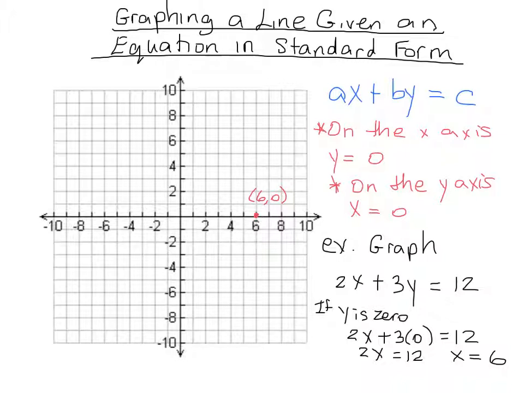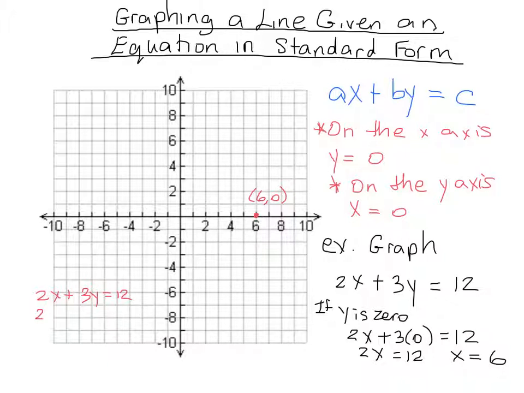So now instead of y being 0, we're going to make x equal to 0. Our original function was 2x plus 3y is equal to 12. And now I'm going to make x equal to 0 so we can figure out the y-intercept.